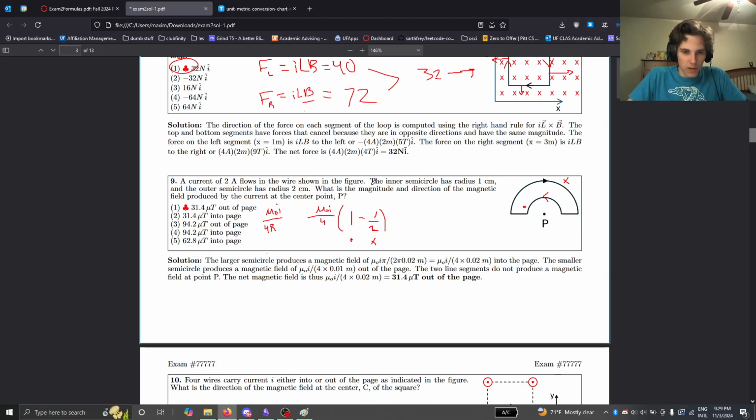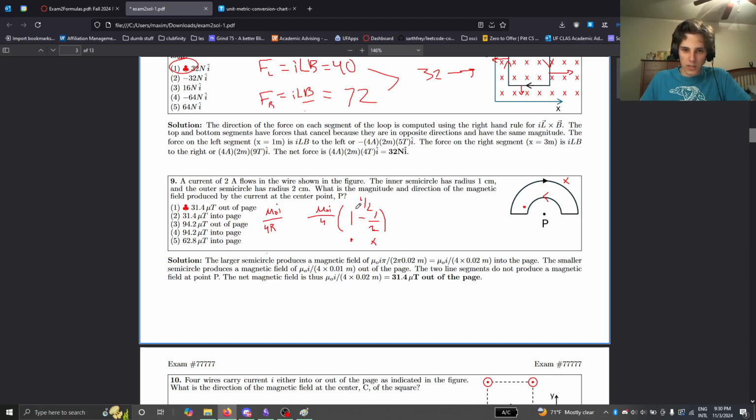So at this point, mu naught is equal to 4 pi, so the 4's we can cancel. Pi, multiply the amps by the 1/2 term, so we divide by 2 again, and you end up just getting pi. So the magnitude is pi.